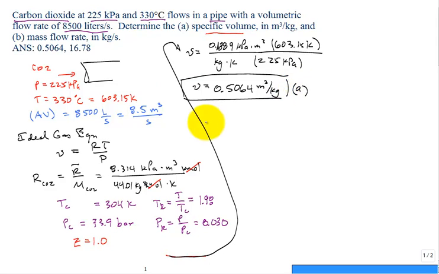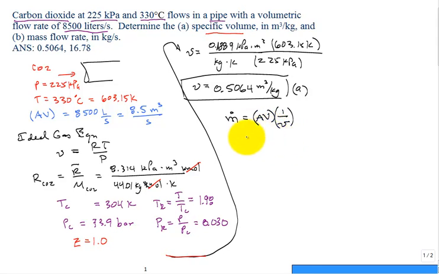Okay, the next question is, what is the mass flow rate? Well, the mass flow rate, mdot, is related to the volumetric flow rate, AV. And so if I had density, I would multiply by density. So rho AV would be the mass flow rate, but in Thermo 1 we like to use specific volume, and so the reciprocal of the density is the specific volume.